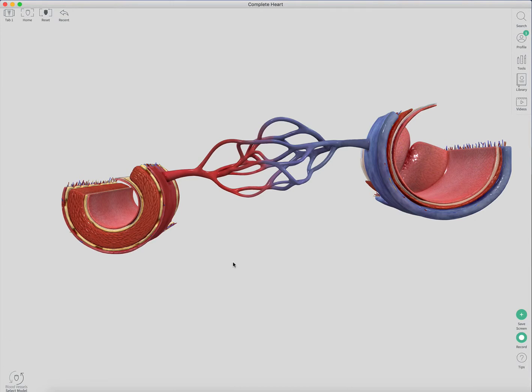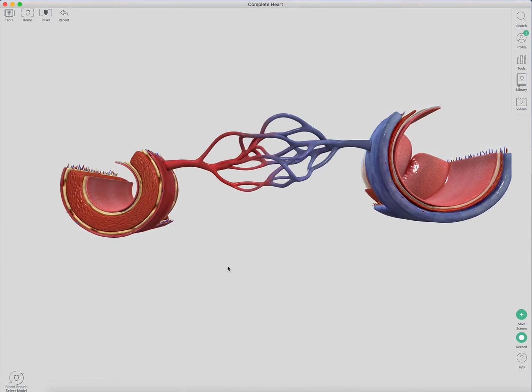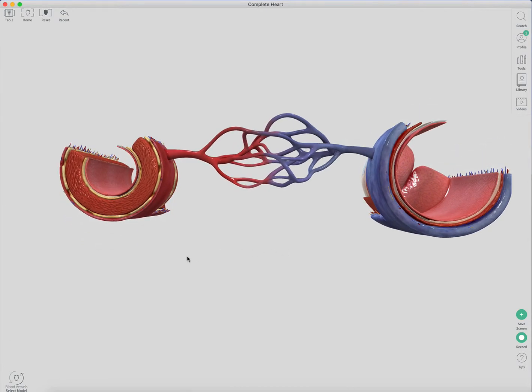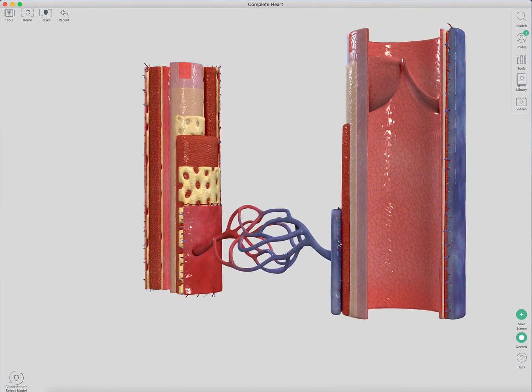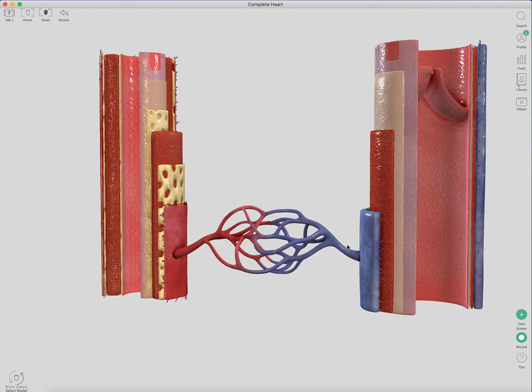Now, there is a main difference when you look at veins and arteries side by side: veins have valves. The reason veins have valves is to make sure that blood flows to the heart. You don't want the blood in veins, which is deoxygenated, to flow down.